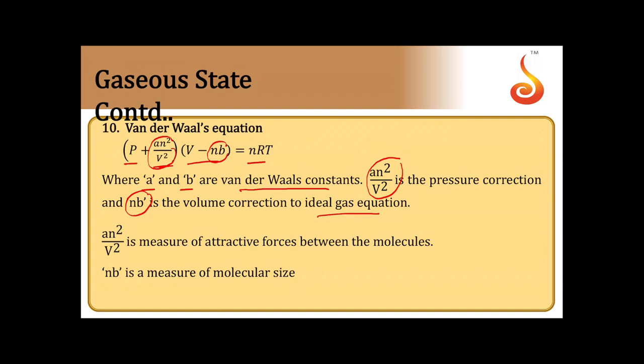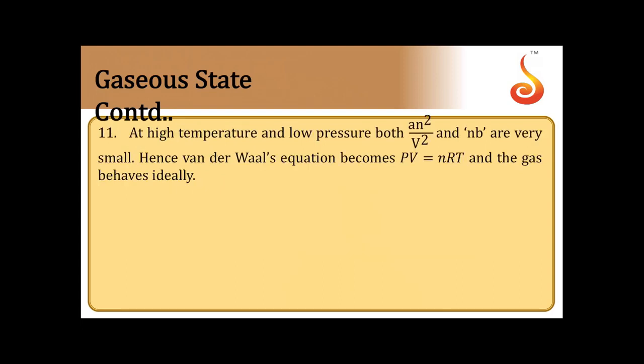One more point: an²/V² is a measure of attractive forces present between the gas molecules, and nb is a measure of the molecular size. So the pressure correction an²/V² is because of the attractive forces, and the volume correction is because of the molecular size of the molecules. This is regarding the van der Waals equation of state.